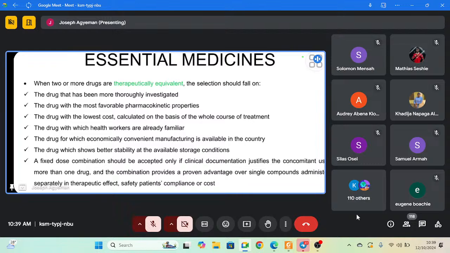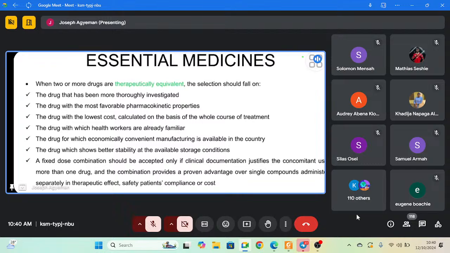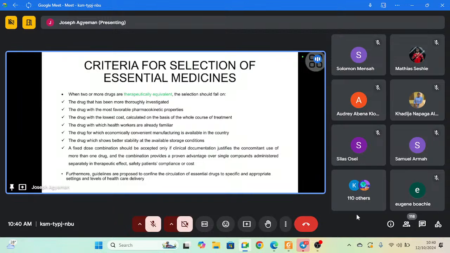Now, a fixed dose combination should be accepted as part of the list only if there are clinical justifications that the patient will need the 2 drugs. Of course, if there are no justification to use 2 drugs for hypertension and 1 drug is okay, why do you have to prescribe a fixed dose combination or dispense a fixed dose combination? Because the person needs only amlodipine or lisinopril, 5 milligrams, and it can control the BP.